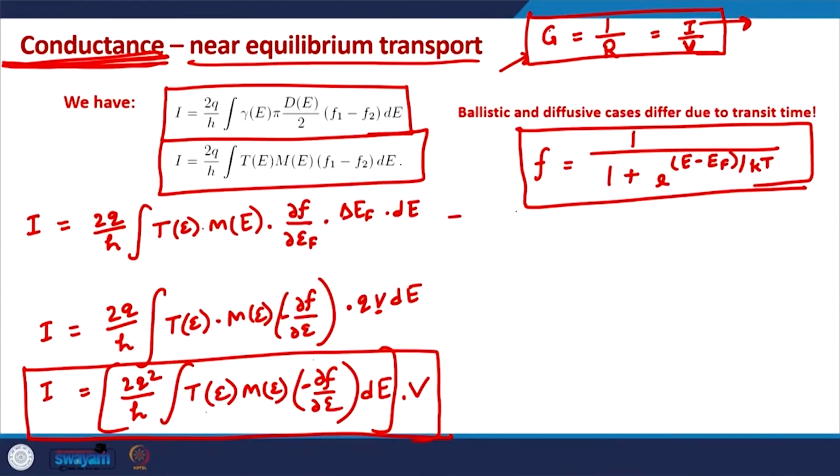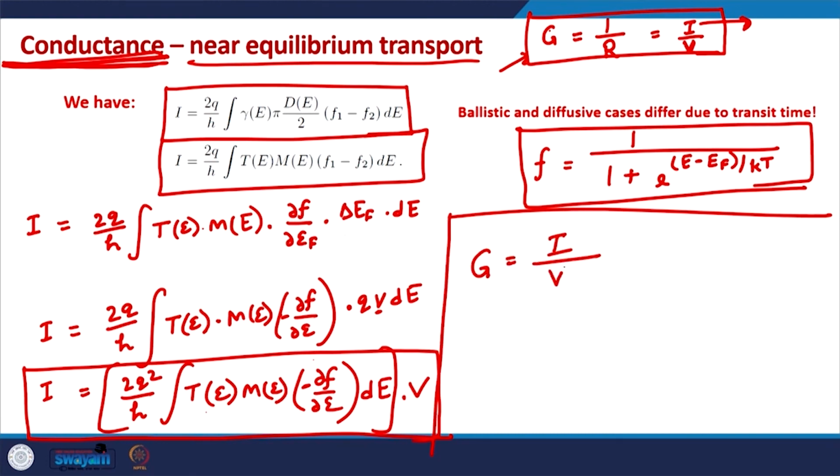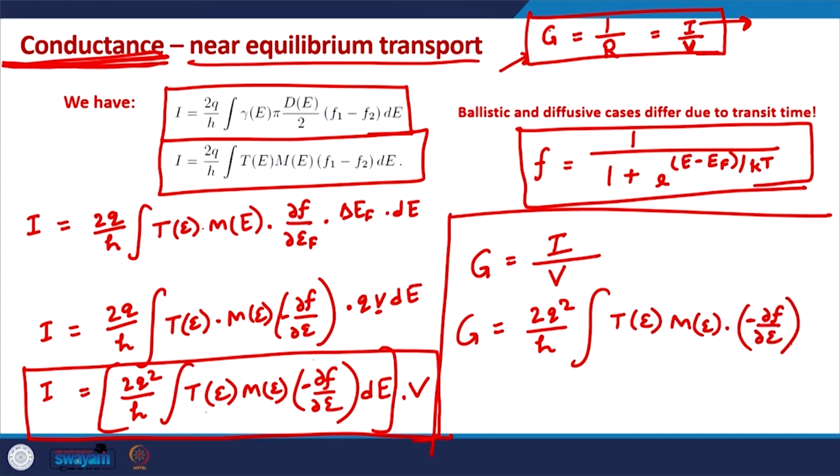So, the conductance of the channel is the ratio between the current and the voltage, and so this will be 2q square divided by h integration of dE M(E) into minus del F by del E into dE.